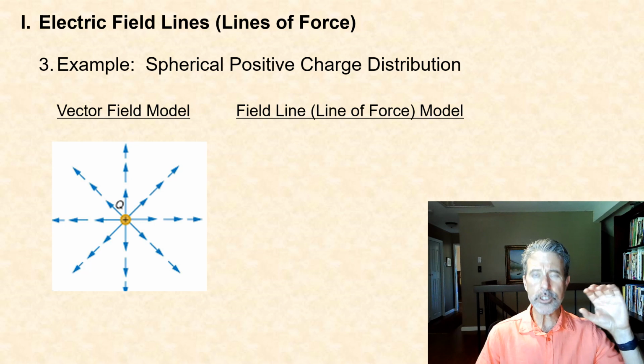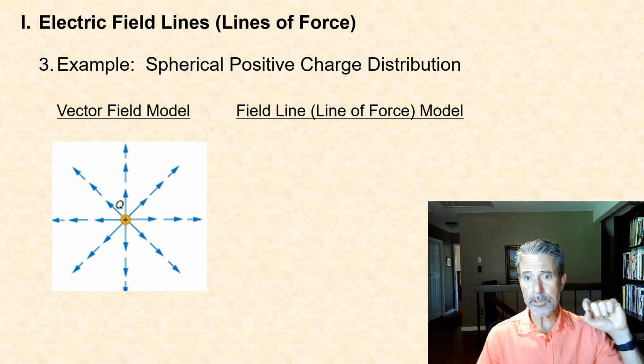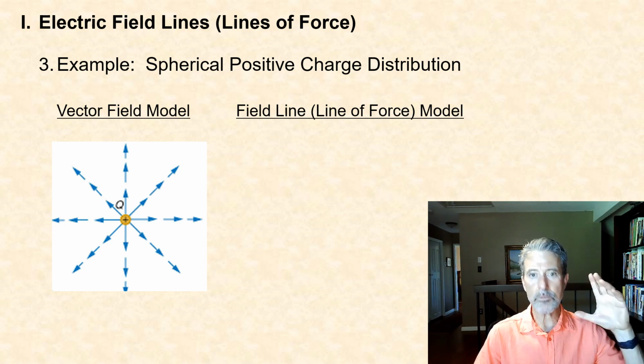Note that the direction of the field at any point in space is radially outward, consistent with the requirement that the direction of the electric field is the same as the direction of the force that a positive test charge would experience at that particular point in space. Also notice that the field gets weaker with distance, consistent with the inverse square law nature of the Coulomb force and field.